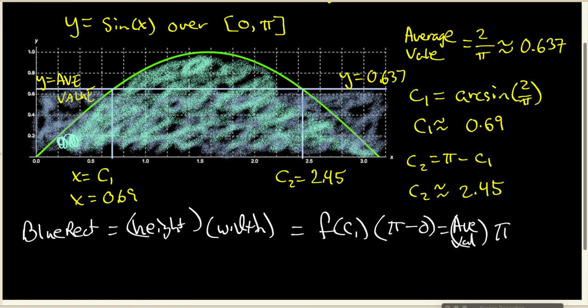And the green area is known to be the area underneath the sine curve, so it is the integral between 0 and pi of sine of x dx.